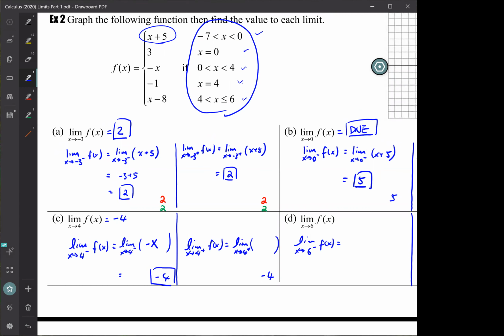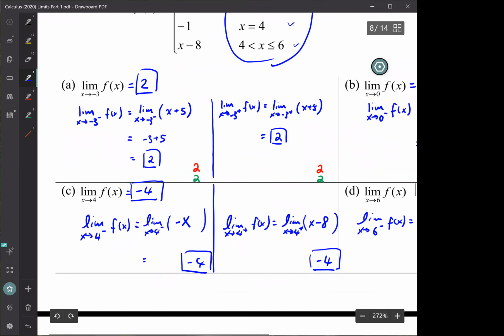X minus 8. Yes, this one you'll be using x minus 8, and in plugging 4, 4 minus 8 is negative 4. So that's also correct. They both match, so negative 4. So even though they both reach negative 4, they got it from different functions. They are flying on different graphs.